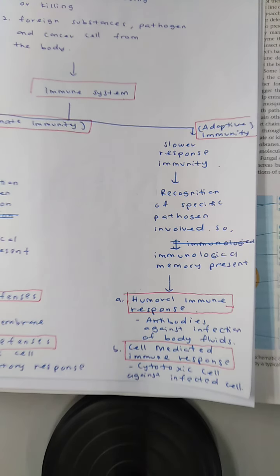Dan walaupun dia lambat sebab dia perlu recognize specific antigen tersebut, namun dia dapat menghasilkan immunological memory. So immunological memory ni akan menghalang jangkitan kedua daripada berlaku. Sebagai contoh, the first person already infected by the virus iaitu chickenpox ataupun measles.